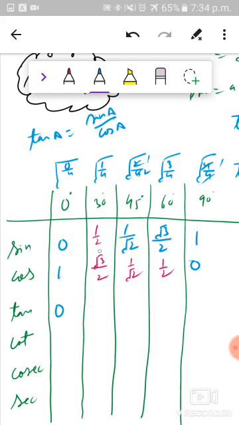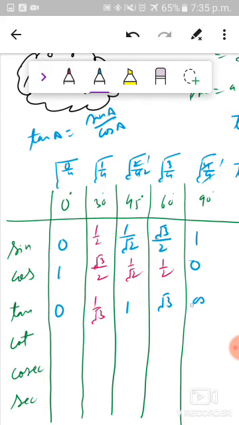Then 1 by 2 divided by root 3 by 2 is 1 by root 3. 1 by root 2 divided by 1 by root 2 is 1. Right? And then root 3 by 2 divided by 1 by 2, 2 cancel by 2, so that is root 3. And 1 by 0, any number divided by 0 is not defined, or you can write infinity, or you can write not defined.